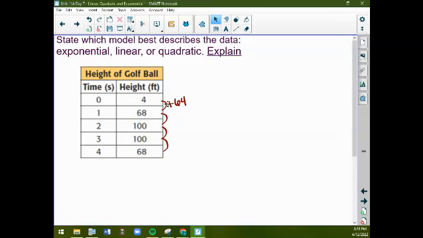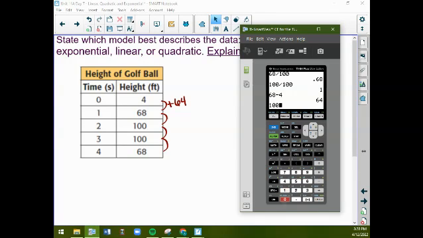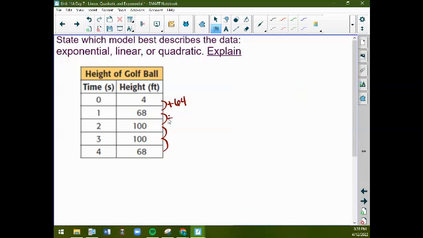Okay, then to get the next difference, I do 100 minus 68. That one's plus 32. Okay, and then from 100 to 100, that's plus 0. And then from 100 to 68, that is a minus 32.